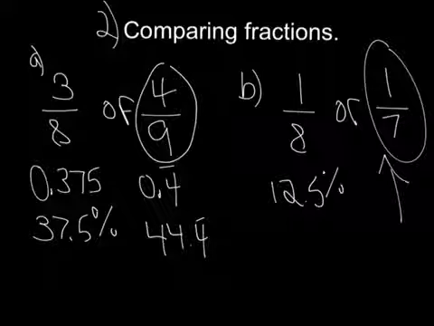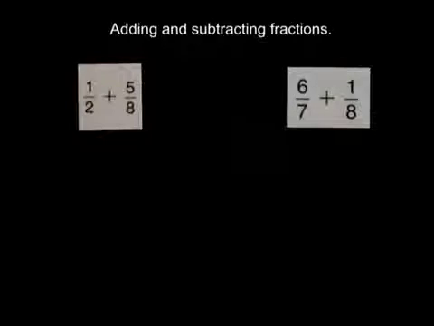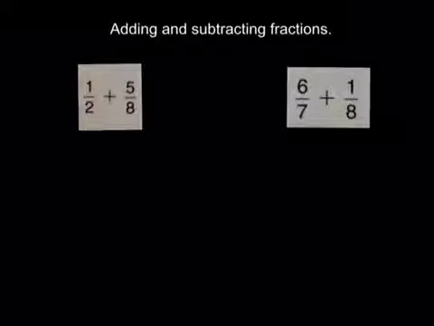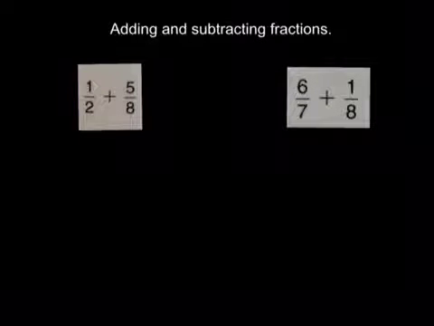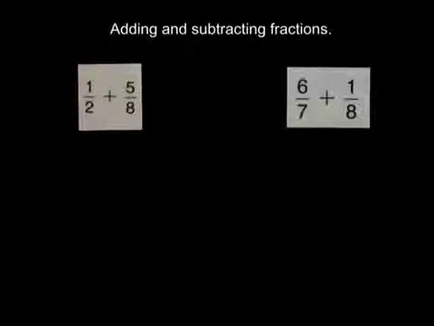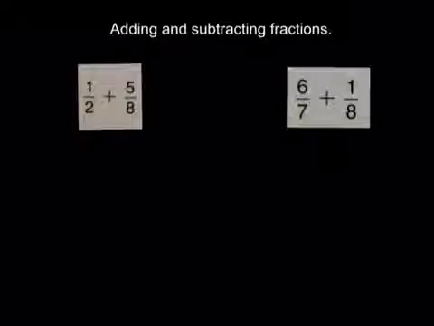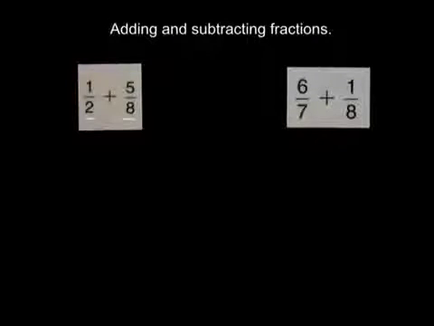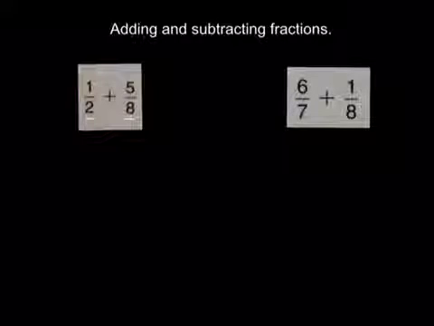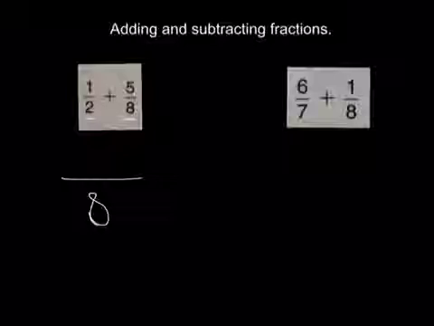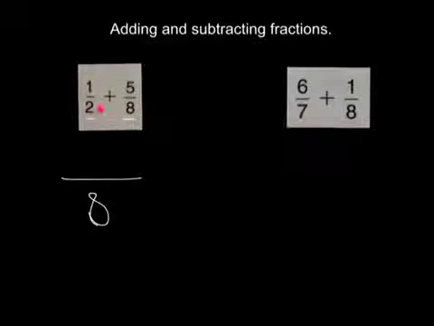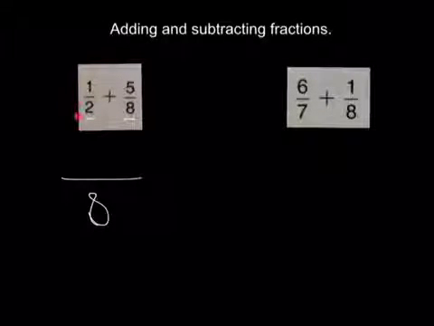Okay, let's move on. Now adding and subtracting fractions. Let's start with simply adding simple fractions. The first thing you always want to remember to do is to find a common denominator. So what is a common denominator for 2 and 8? If you are thinking 8, you are correct, because both of these numbers, when you go through their multiplication tables, will have a product of 8.